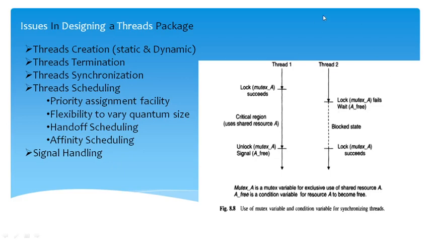And the next is the flexibility to vary quantum size dynamically. Okay, quantum size dynamically means here a simple round robin scheduling scheme will fix the time quantum. Quantum is nothing but the time, how many seconds a thread can run its program.